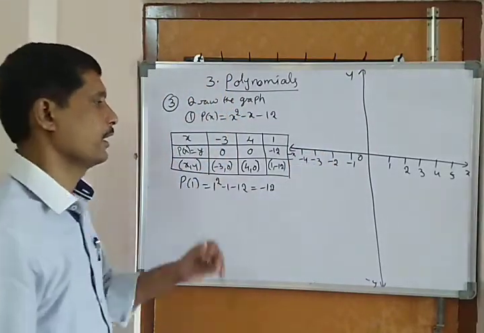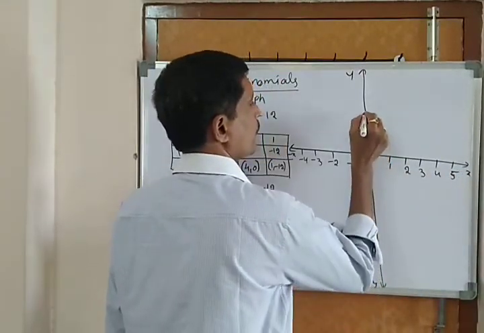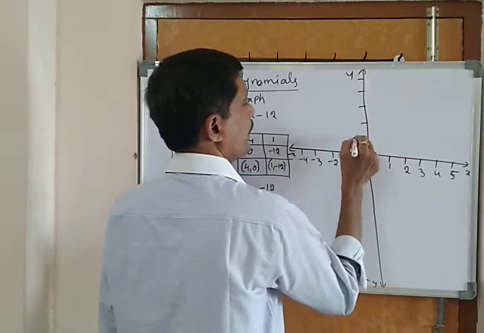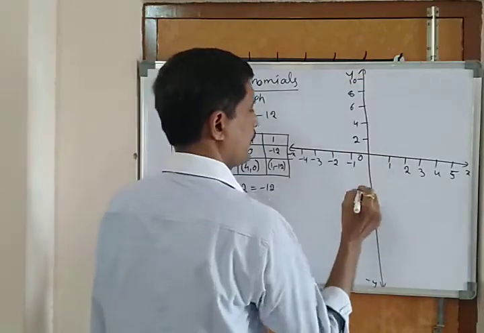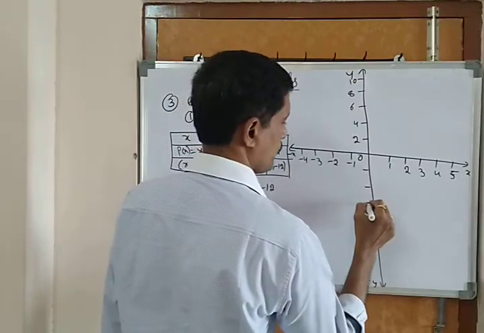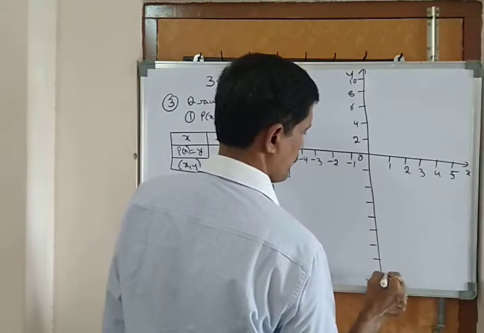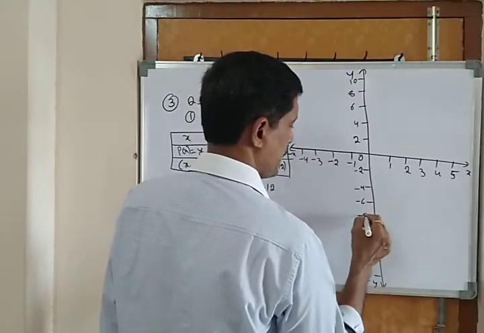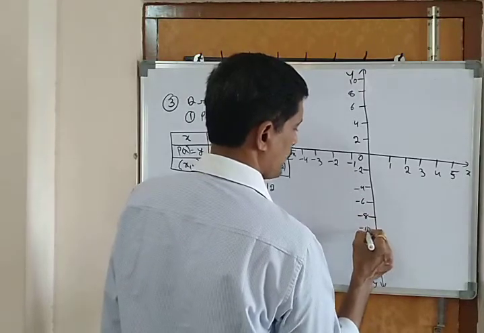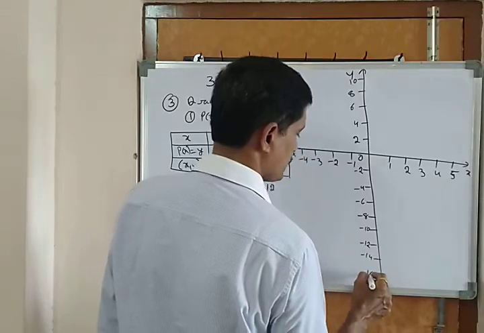Next on the y axis we have to take 2, 4, 6, 8, 10, and the negative values minus 2, minus 4, minus 6, minus 8, minus 10, minus 12, minus 14, minus 16.